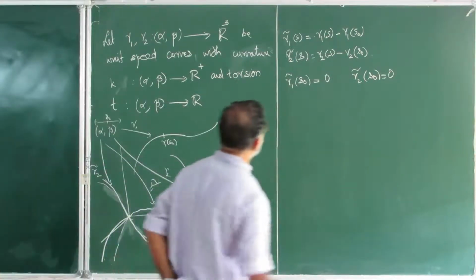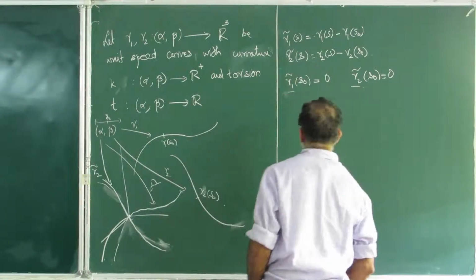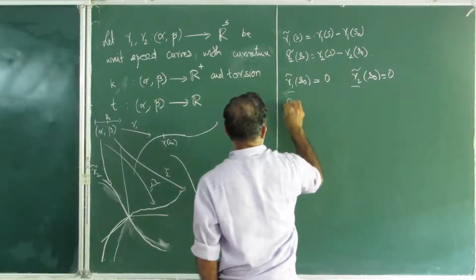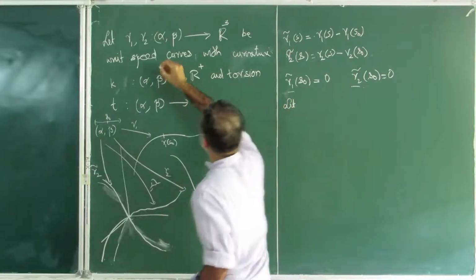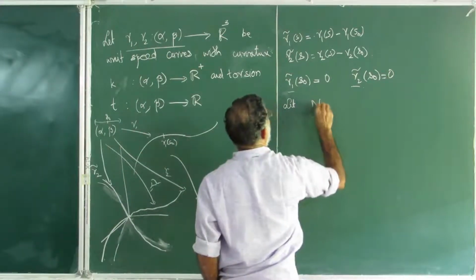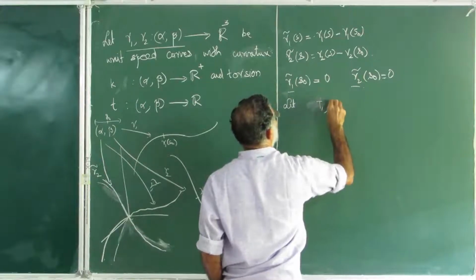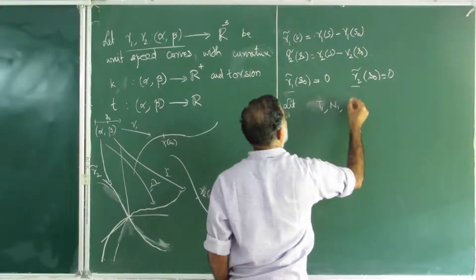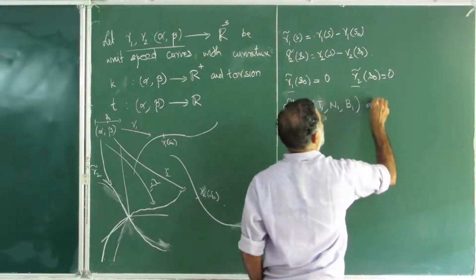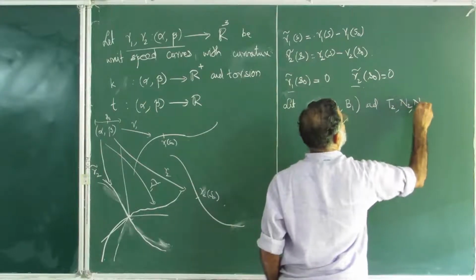So to do that, let us look at these two curves. Let T1, N1, B1 and T2, N2, B2 be the tangent, normal, binormal triples.